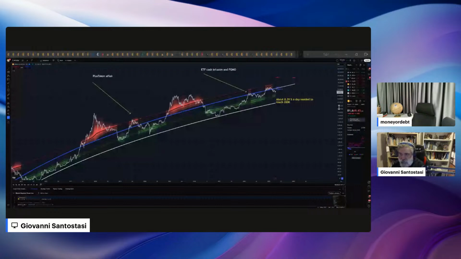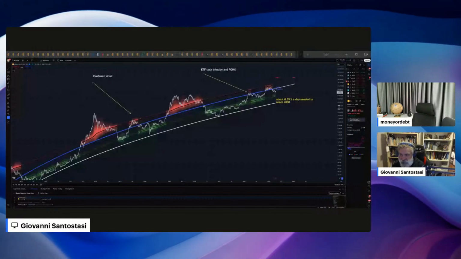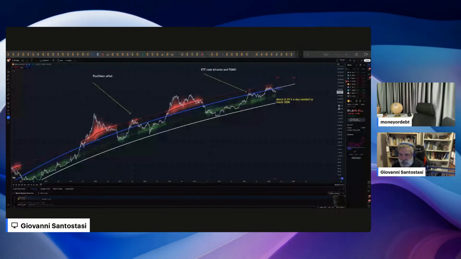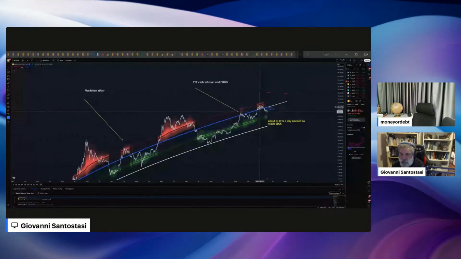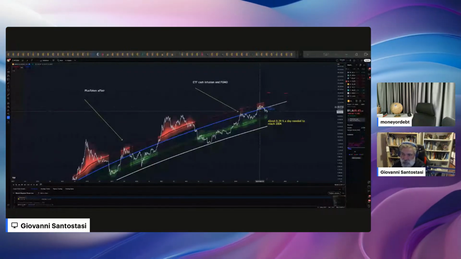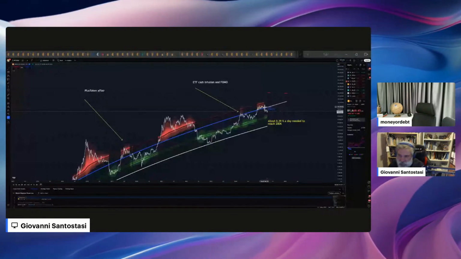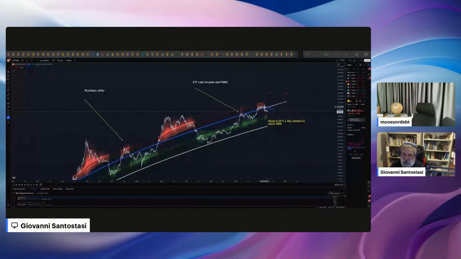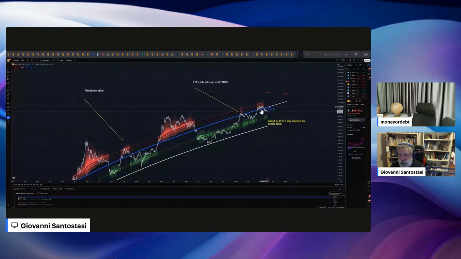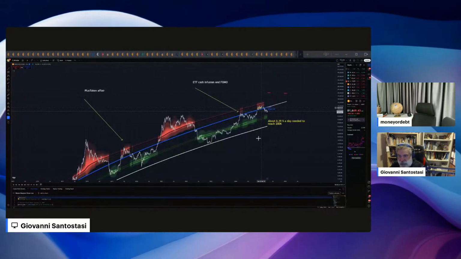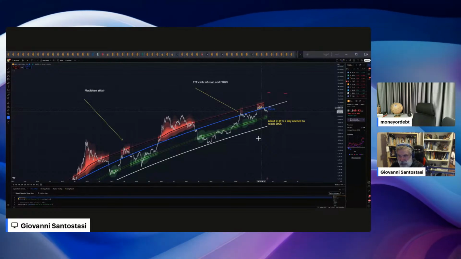But like we mentioned many times, I was worried because if you look at the global liquidity, it was going down instead of going up. And so it was a little bit worrisome that we were not going to keep this momentum to continue to go to the 200,000 target.